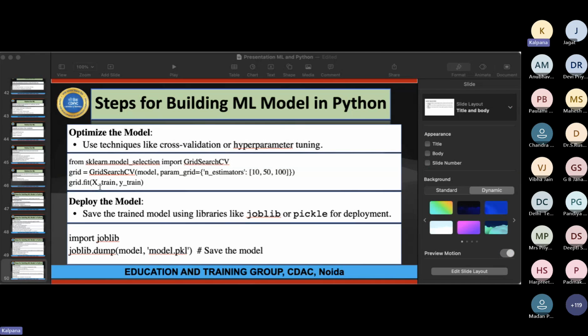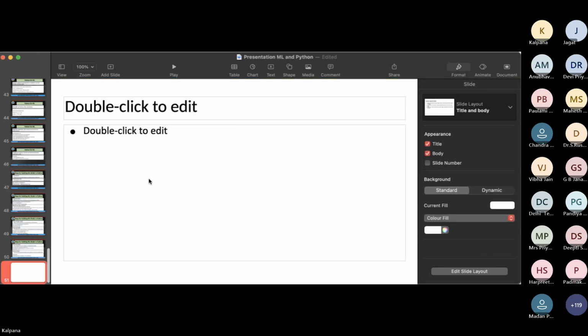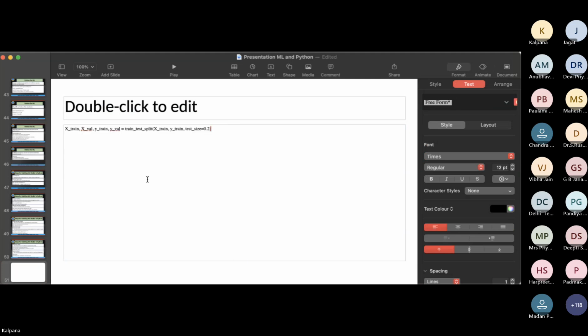This should be visible, I think. New slide. Is this visible? Let me increase the size of the text.